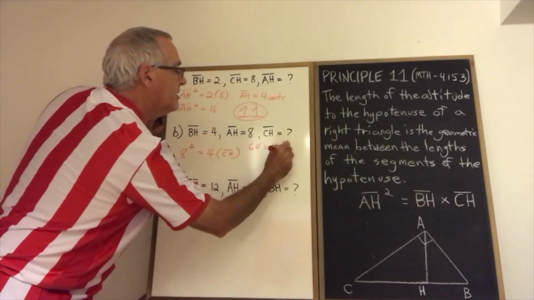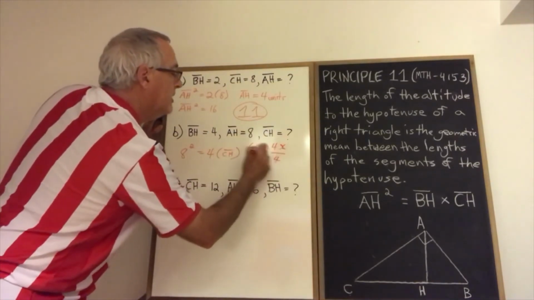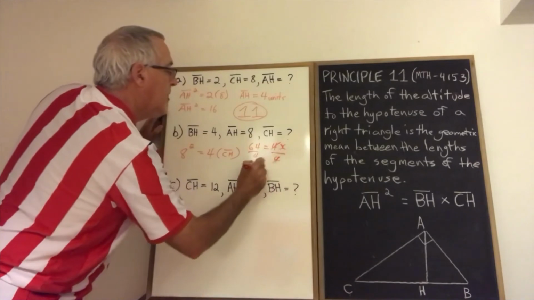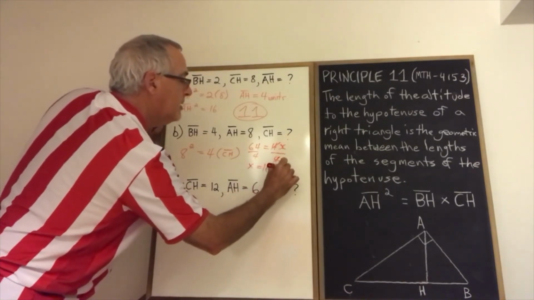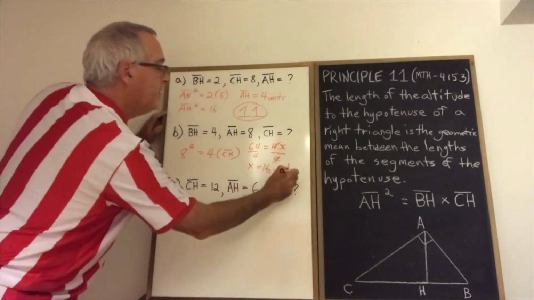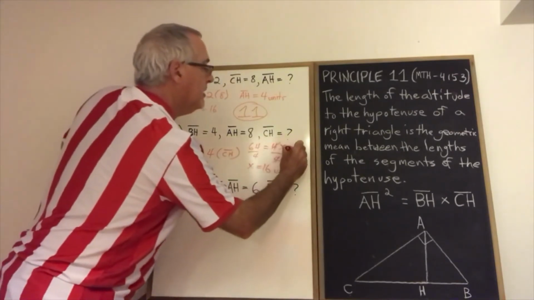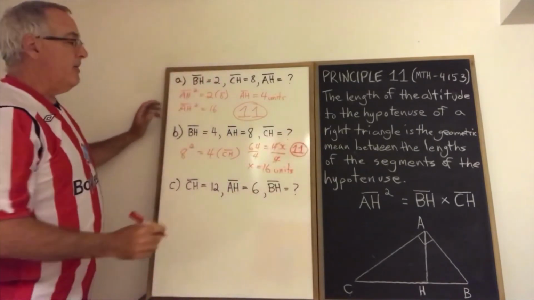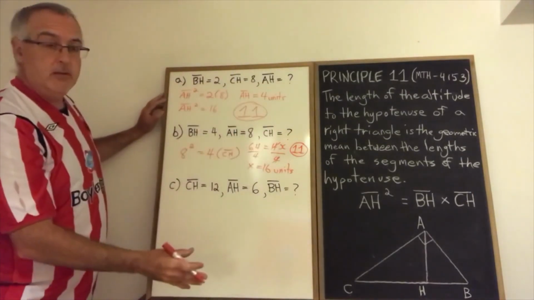I'll replace the CH with an X. Divide both sides by 4 to isolate the variable. And X is equal to 16 units. And how did I get that answer? I used Principle 11. So I say so to justify. Remember, if you use it more than once, you should be justifying more than once.